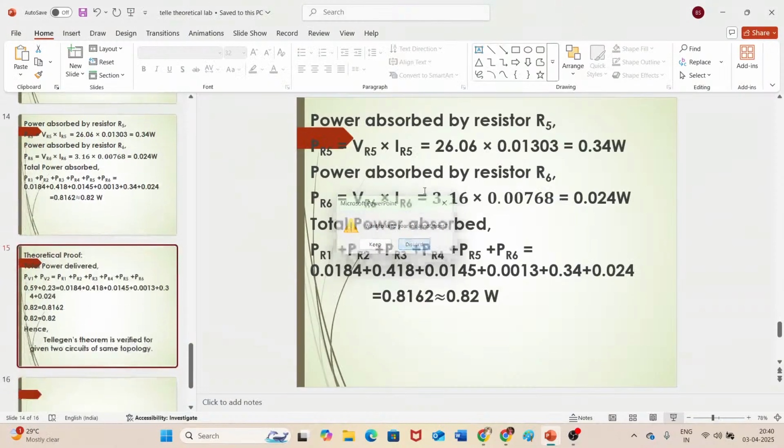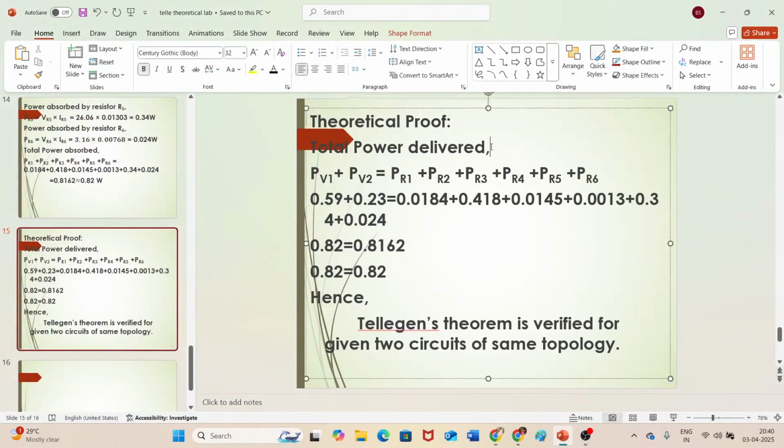If that condition is satisfied, then Tellegen's theorem is verified. So total power delivered must be equal to total power absorbed.